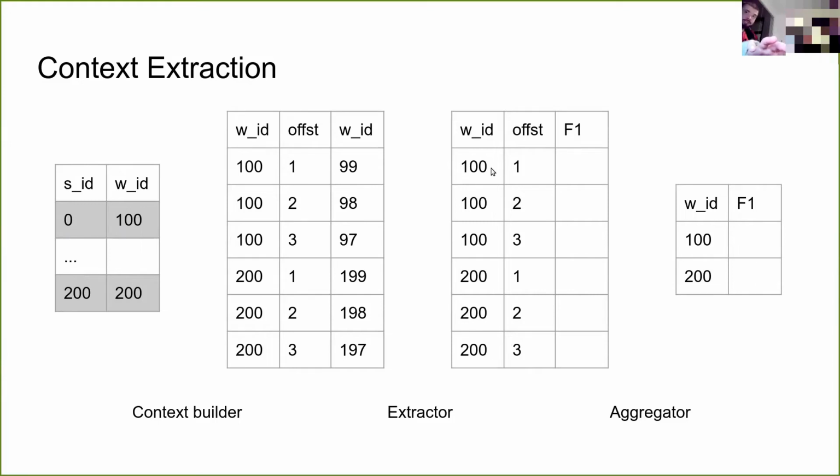You know the word ID, the initial word you are building the features for, the offset, and the features. But you still need to get the features for the initial word. And you use some aggregator to do it. So the simplest way is, as usual, averaging and maximizing, minimizing, something like that, right?